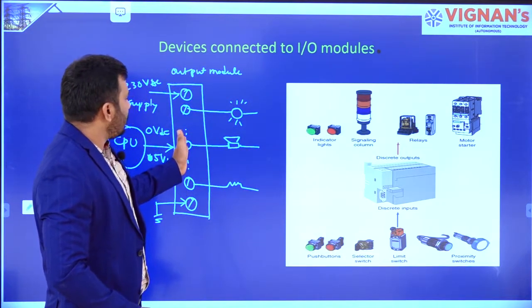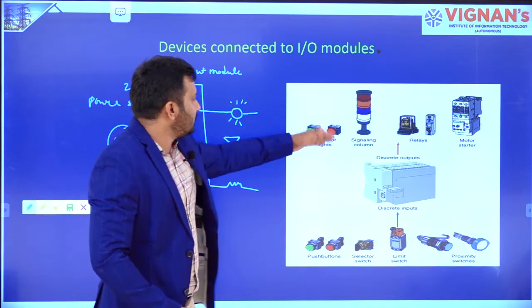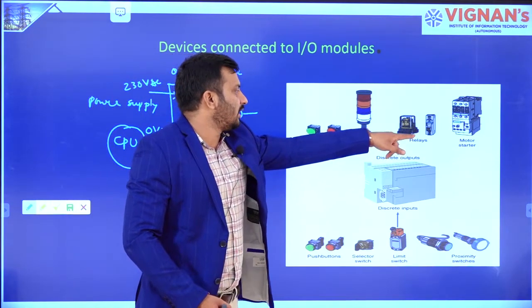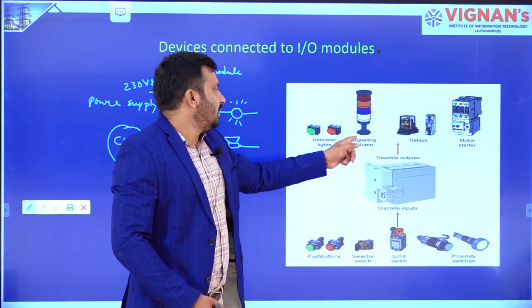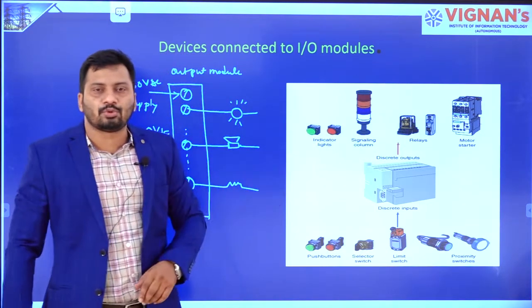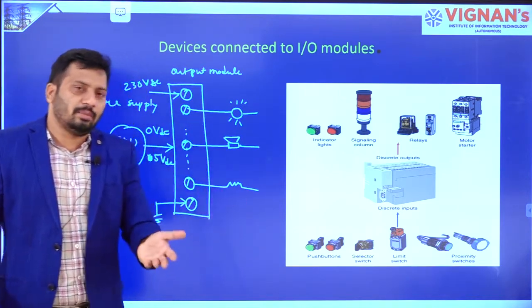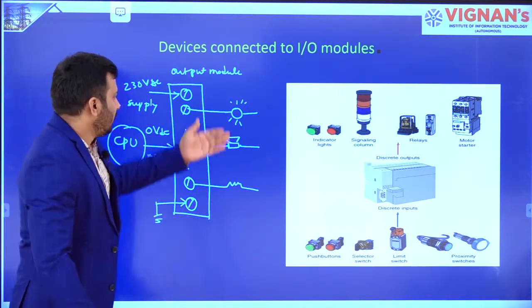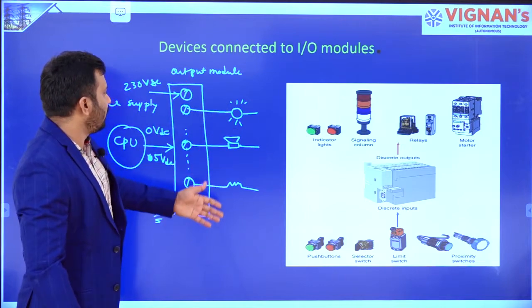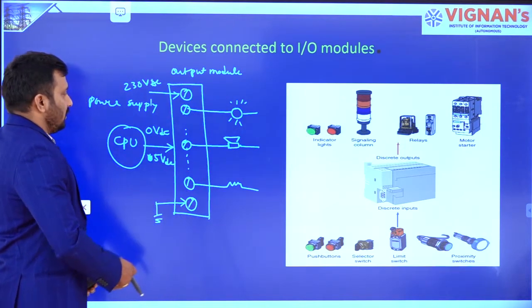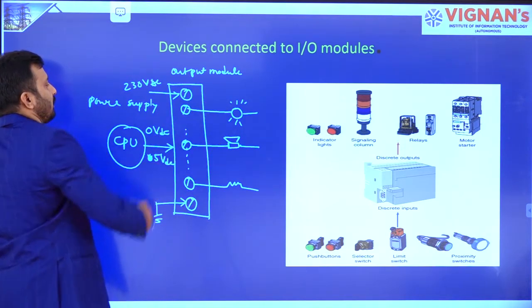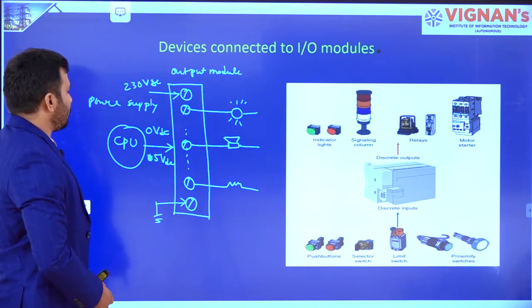In this output module, these are the output devices: relays, motor starters, lights, indicator lamps. In industry, so many motors, heaters, and solenoid valves are all going to be connected to this output module through these particular terminals.